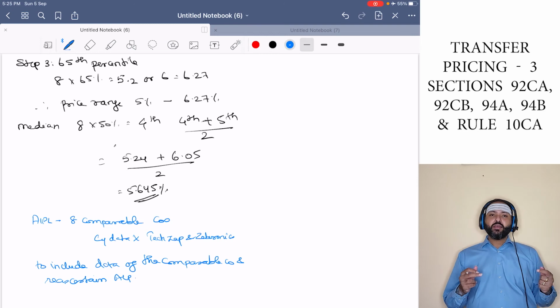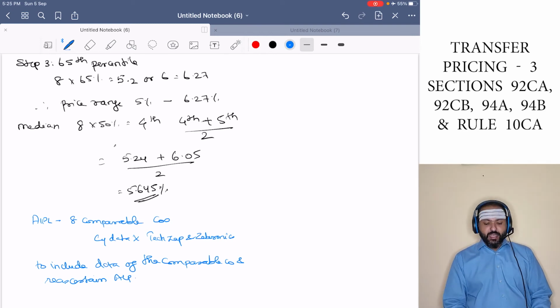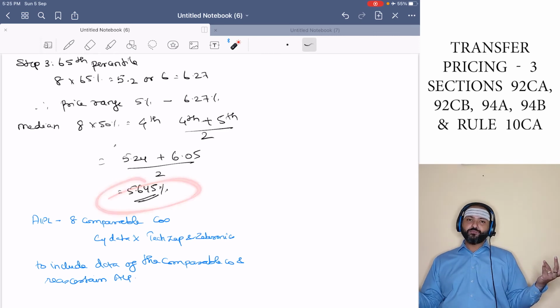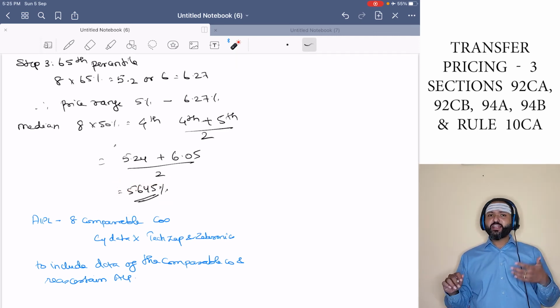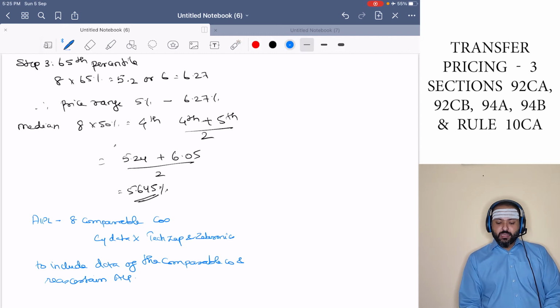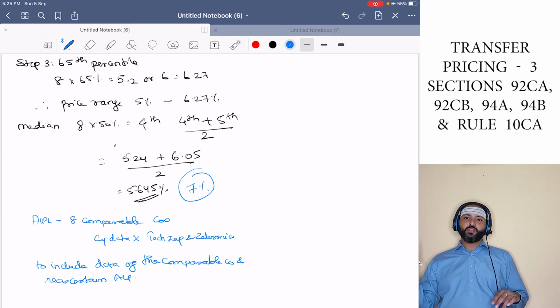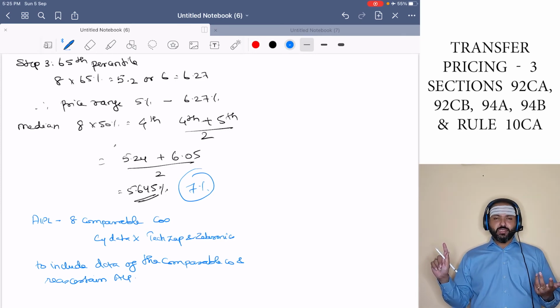He can now add it and then check whether the range of 5.645 which you have ascertained works out or not. After his application, suppose the margin becomes 7%, just for example, then that will be the arm's length price. Is it clear? That will be the arm's length price.